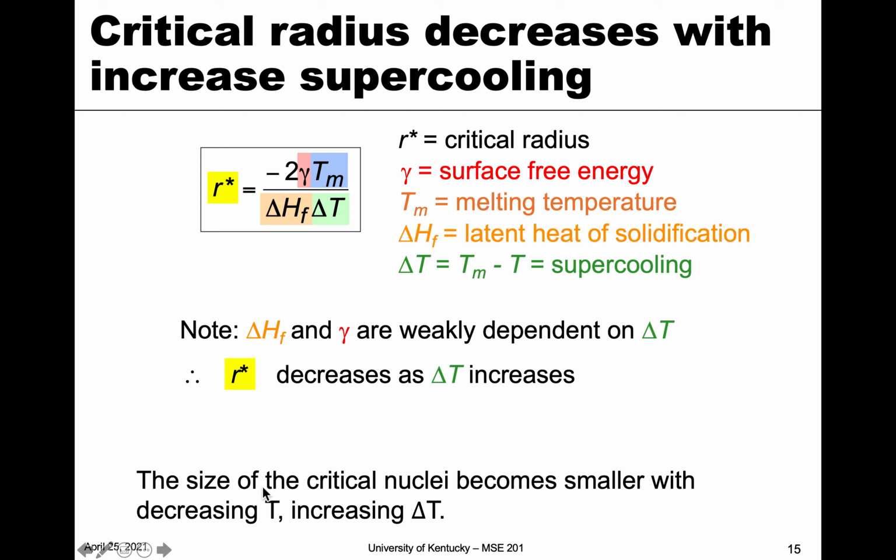The size of the critical nuclei becomes smaller with decreasing temperature or increasing delta T. And if you're wondering what approximate values these tend to be, for typical degrees of supercooling, the critical radius is about 10 nanometers, right? So that's when it becomes critical. About 10 nanometers.